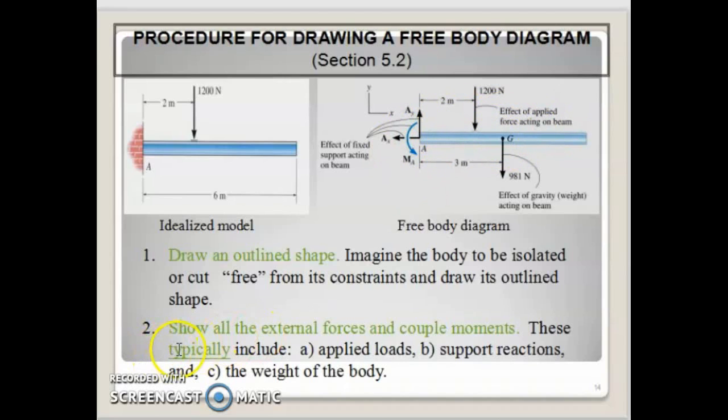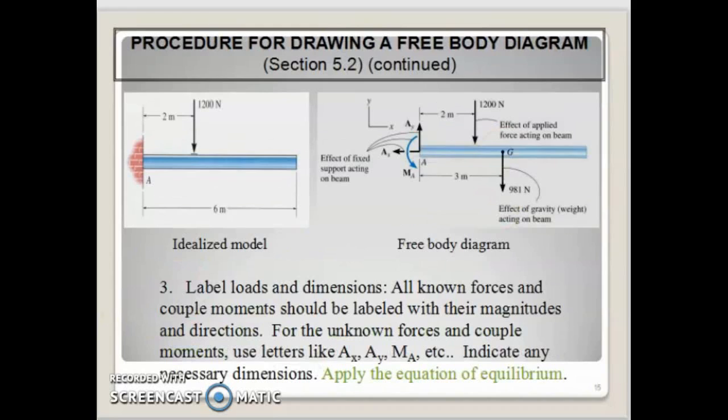The second step is to show all the external forces and couple moments. These typically include the applied force, which is the force here, and the support reaction, which is this one, and then the weight of the body itself.